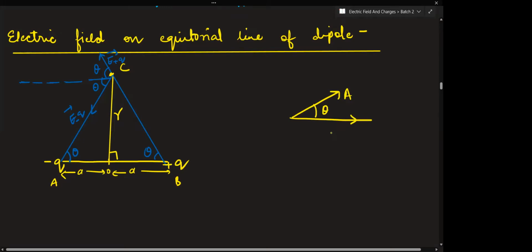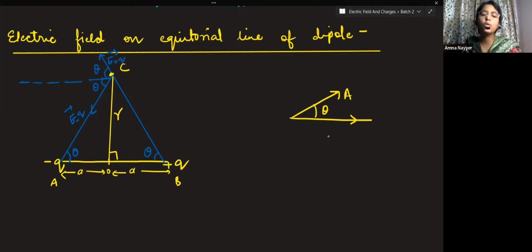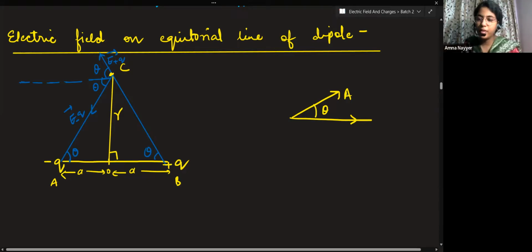A cos theta. For all those who have forgotten, wherever the angle is making with the axis, we write the vector along with cos theta, and the perpendicular to it becomes sine theta. This is A sine theta, and this is A cos theta.